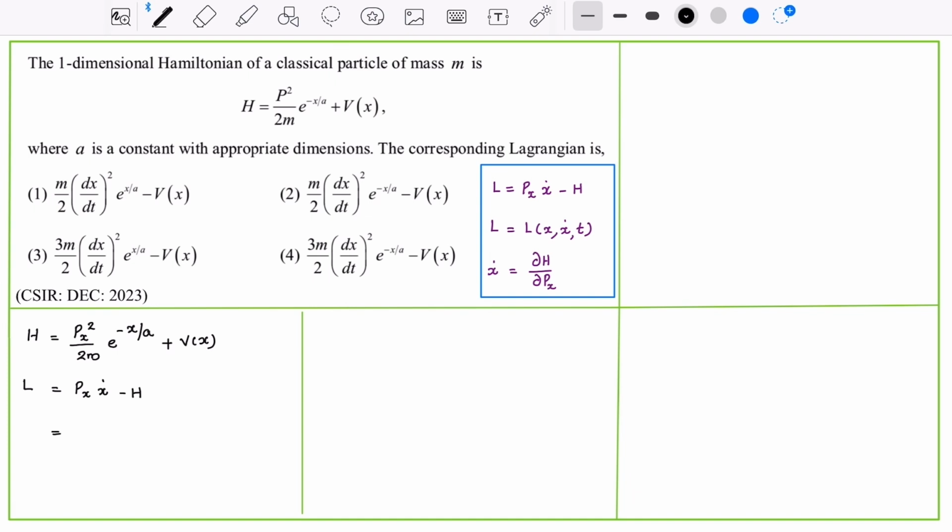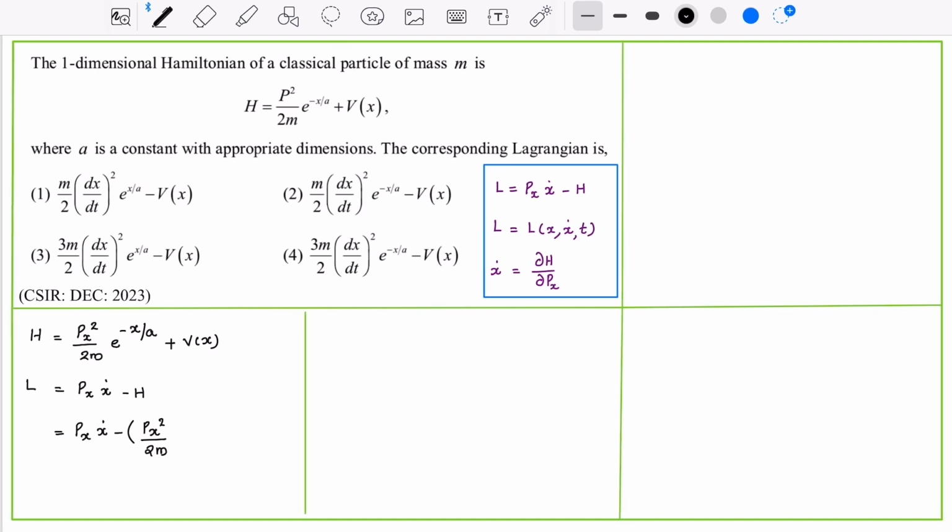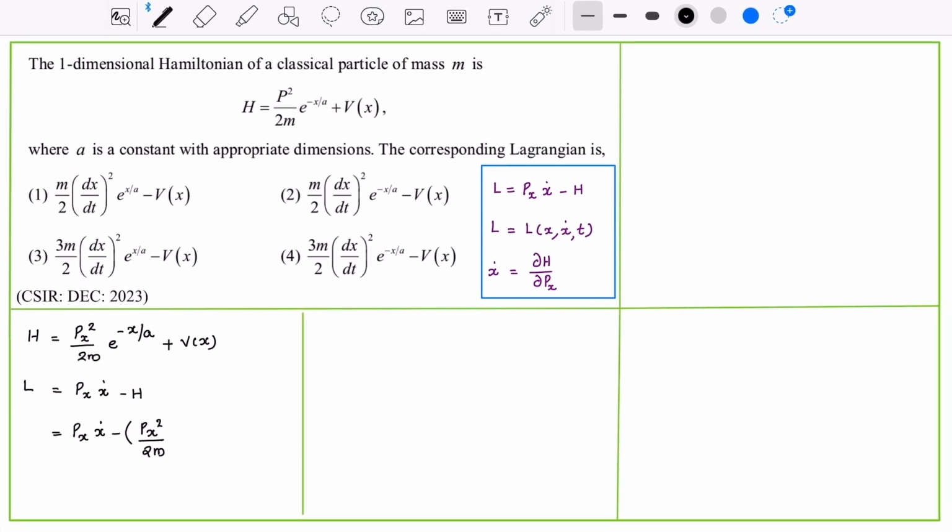So we can write the Lagrangian L is equal to p_x x dot minus, within the bracket, p_x squared by 2m e raised to minus x by a plus V of x. Close the bracket. This is the expression for the Lagrangian from the given Hamiltonian.